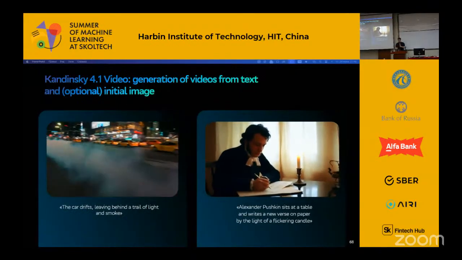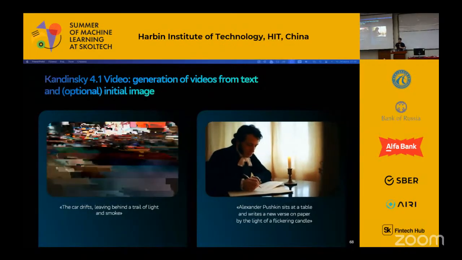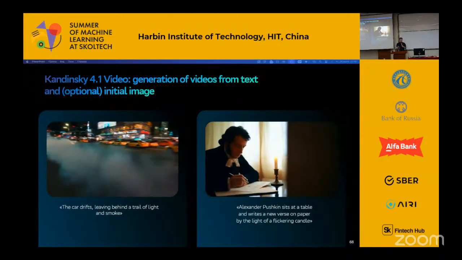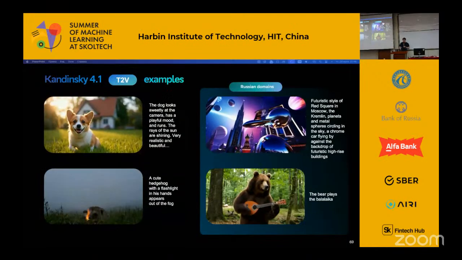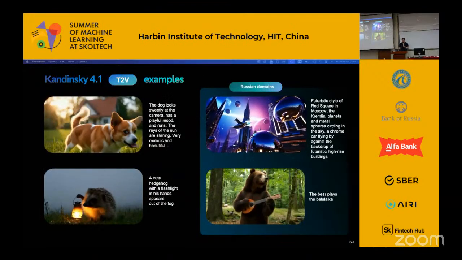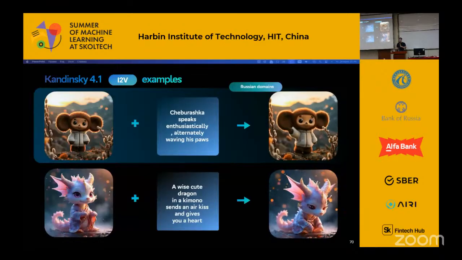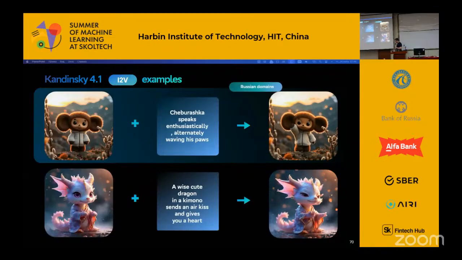Okay, about the video. Just the same, actually, we are going to improve prompt following, visual quality, and dynamics of the video. And this is just a few examples of the text-to-video task and the image-to-video task. I talk a lot about this architecture and some aspects that are really important.